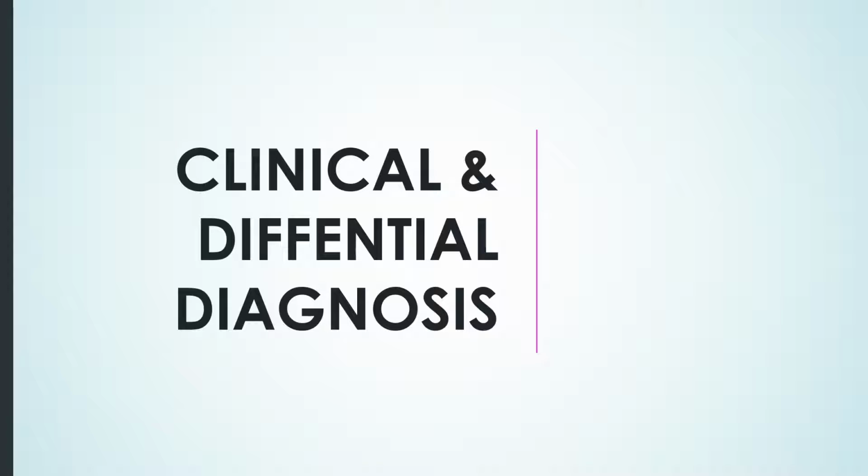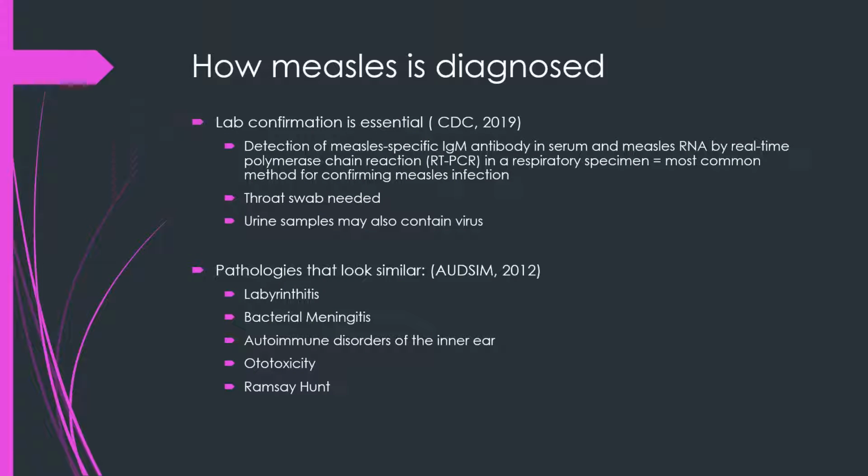So some clinical and differential diagnosis. So how measles is diagnosed. Lab confirmation is essential. It's pretty much the most important way of confirming and diagnosing measles.